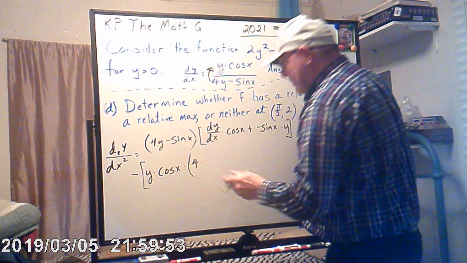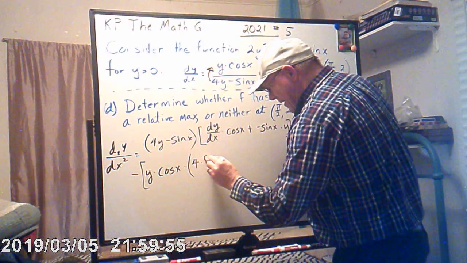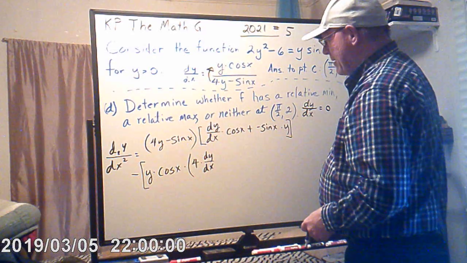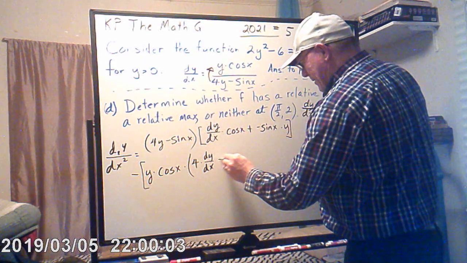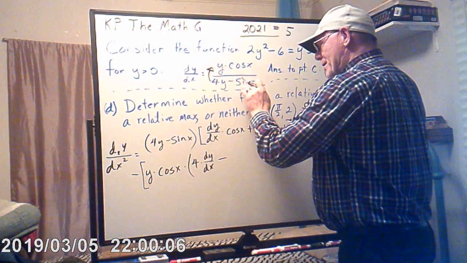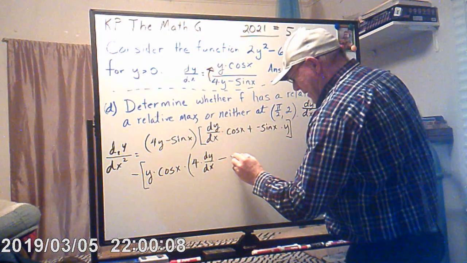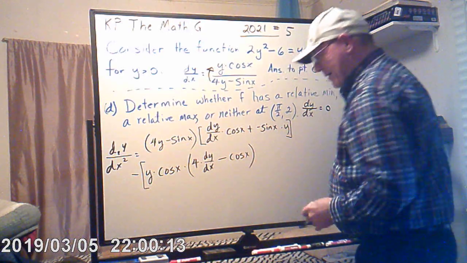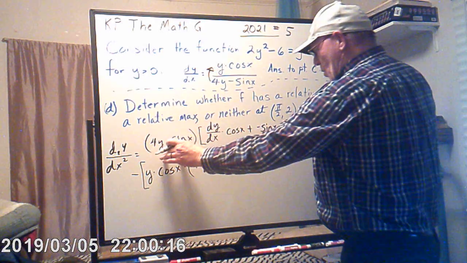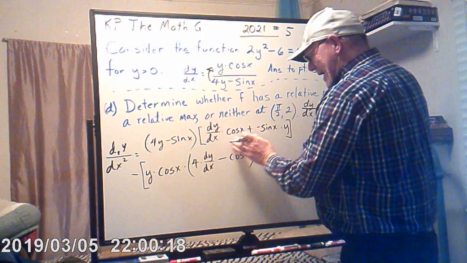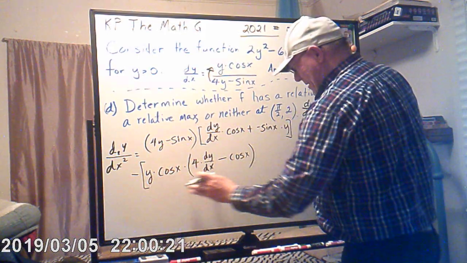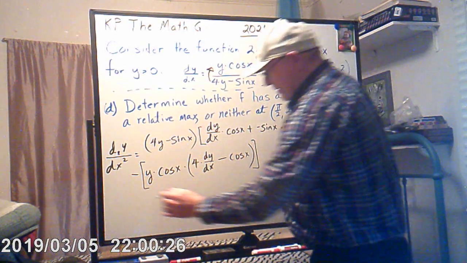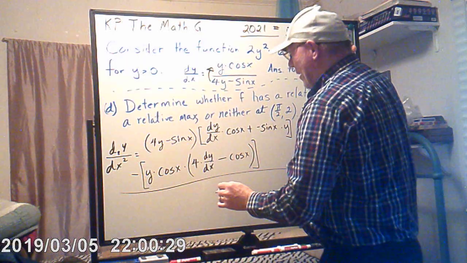But remember, when you differentiate y, you tack on the dy over dx. Minus, this is not a product rule, it's just one after another, isn't it? Derivative of sine is cosine x right there. So low d high minus high d low, what's left? All over low squared, huh?